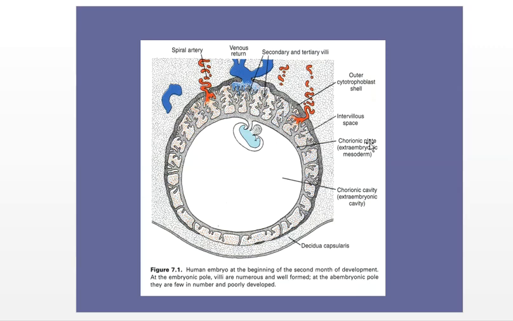As described in the pre-embryo stage of development, the trophoblast differentiated into two layers, cytotrophoblast and syncytiotrophoblast. And if you remember, on the 9th day of the development, small cavities appear in the syncytiotrophoblast, named lacunae.